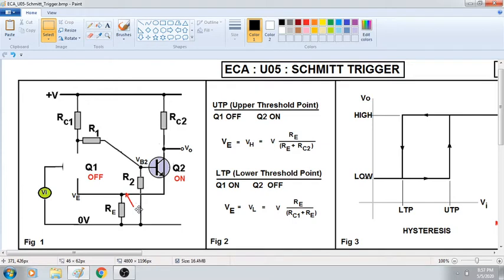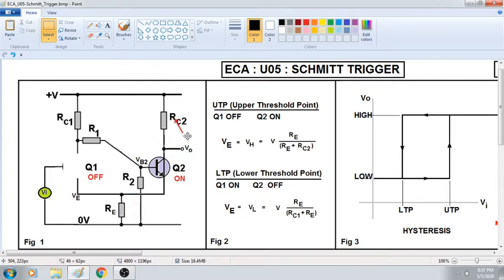So what is voltage VE? It is nothing but a voltage division. V is there, RC2 is there, and RE is there. We are ignoring the collector-to-emitter saturation voltage. If you want, you can add that also, but we want to simplify. So what is the voltage here? The voltage here will be V multiplied by RE divided by RE plus RC2.